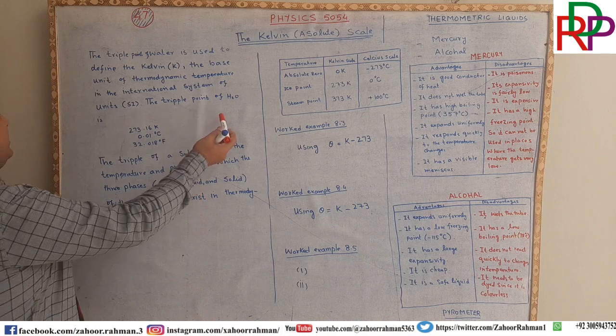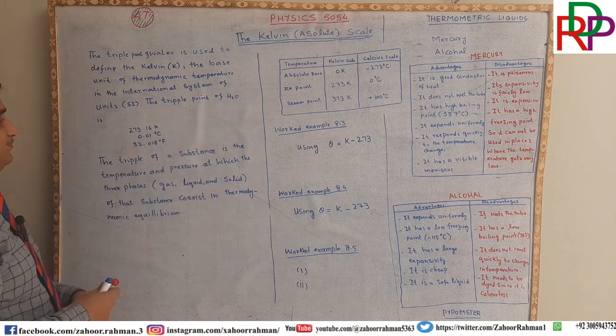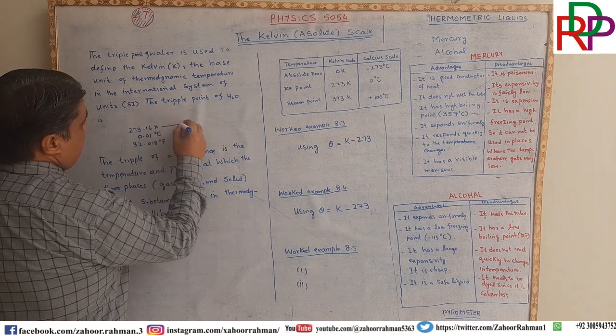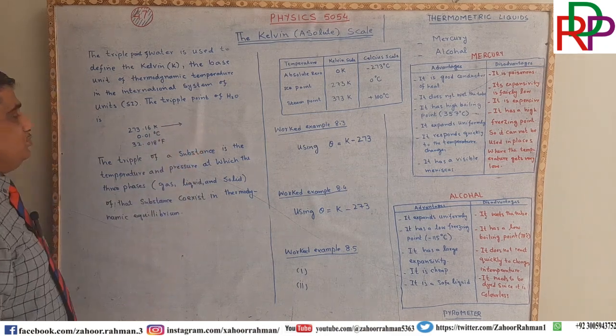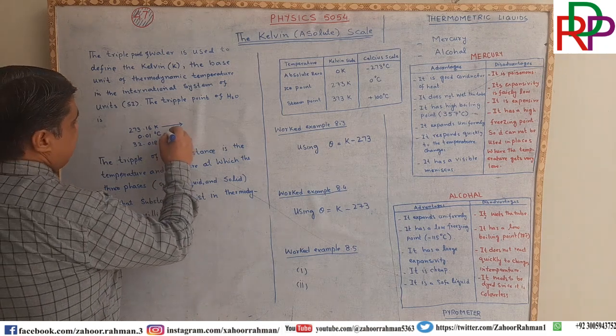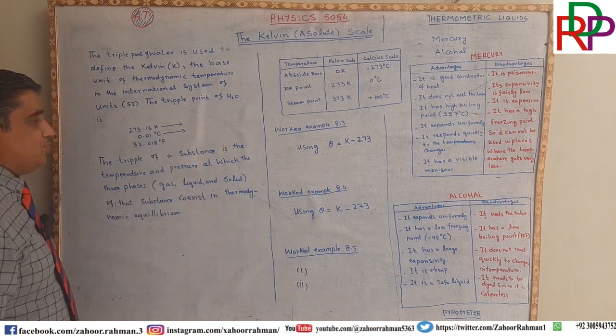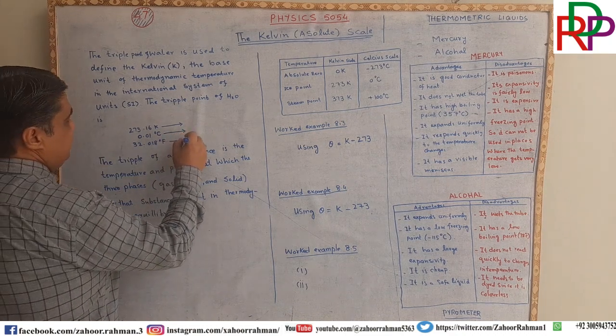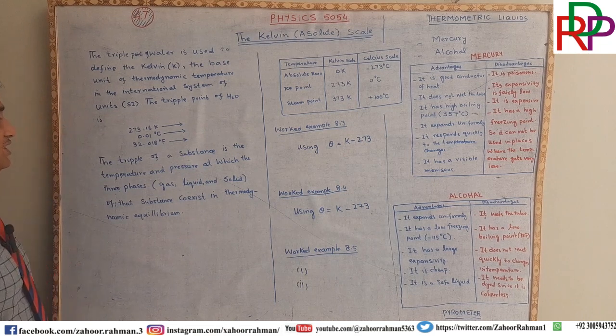The triple point of water is, now ladies and gentlemen, it will be 273.16 Kelvin and 0.01 degrees Celsius and 32.018 degrees Fahrenheit.